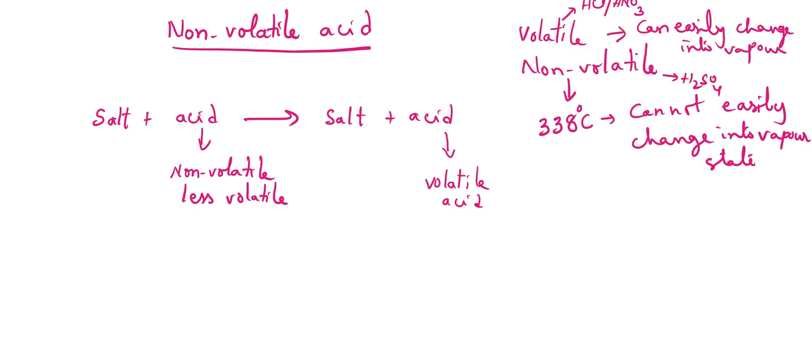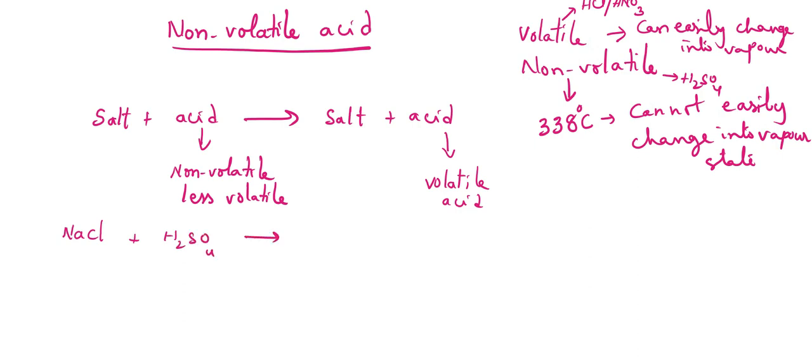Now what type of salts do we need to take to get those volatile substances? To make HCl and HNO3, we should take the salt of chloride and nitrate. For example, the salt of chloride is sodium chloride plus sulfuric acid.